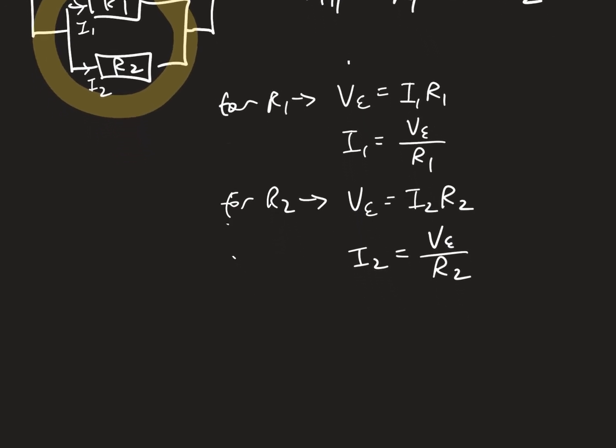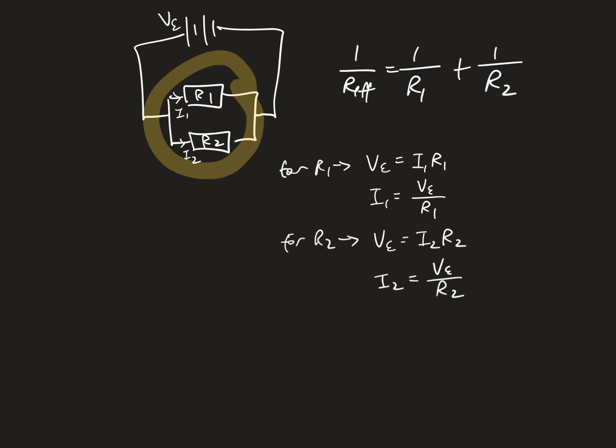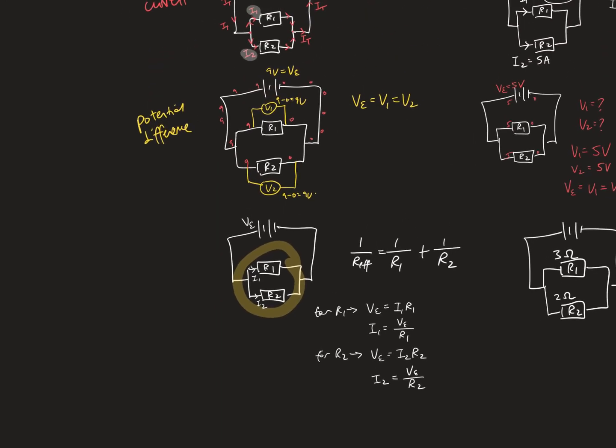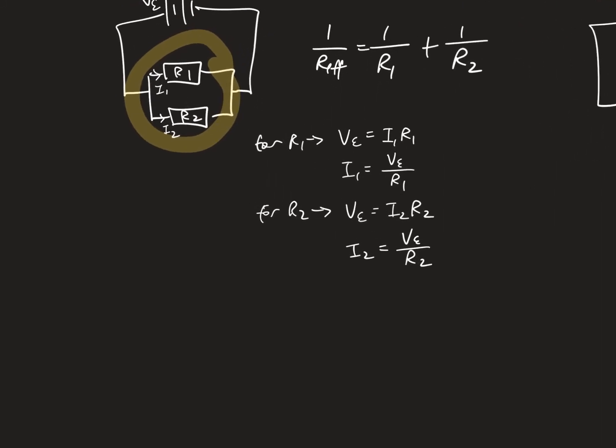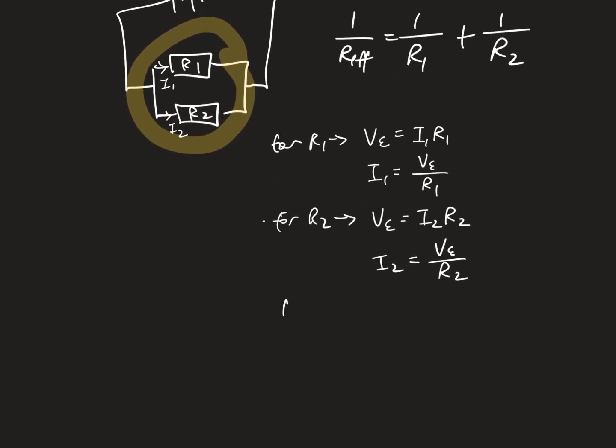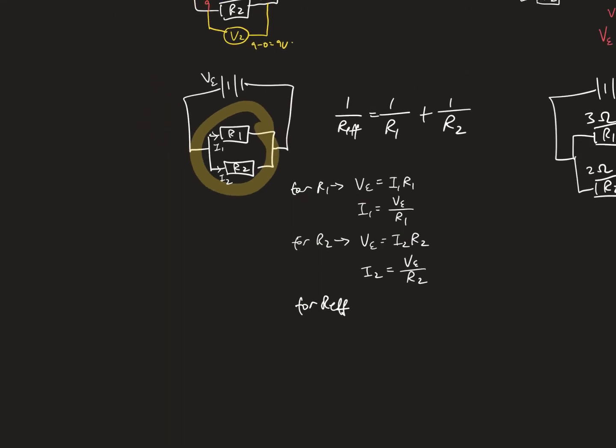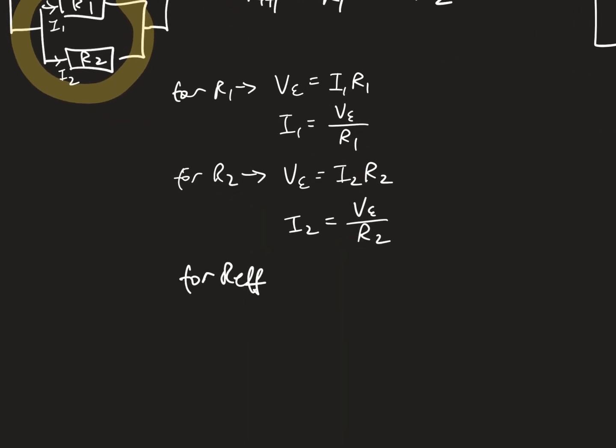Based on these two, what do we know about I1 and I2? If we look at the top here, I1 plus I2 equals I total. For I total, imagine it is R effective, that means we represented it all as one resistor. We can say that VE equals I total multiplied by R effective, and therefore I total equals VE over R effective.